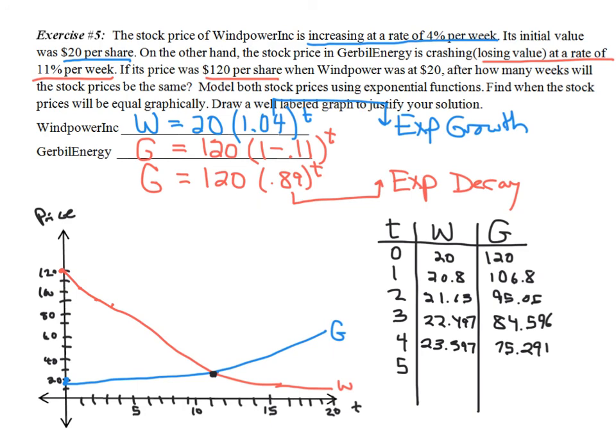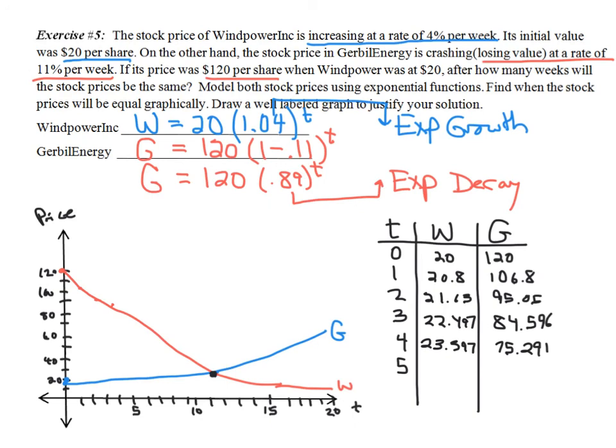Let's take a look at our graph, and please draw it on your axes in your notes, but also look at it on your graphing calculator. I see that the gerbil energy line and the wind power line do cross each other. I think I've labeled them incorrectly.